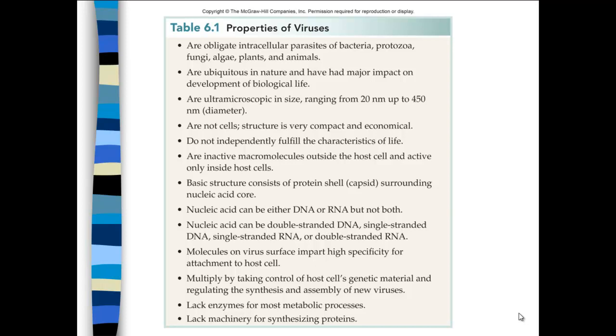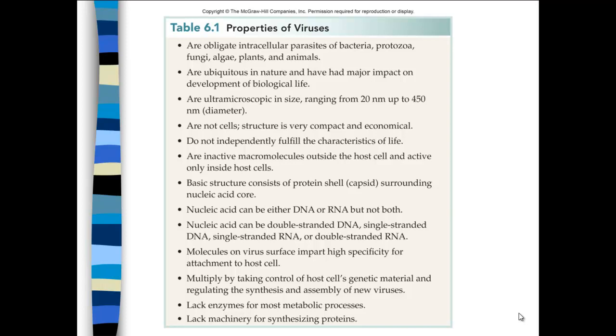They multiply by hijacking the cell's genetic material and regulating the assembly and synthesis of new viruses. They simply use the cell's RNA polymerase in order to transcribe genes. Then once the genes are transcribed, the viral genes as messenger RNA are translated by the host cell's ribosomes to make the virus proteins.